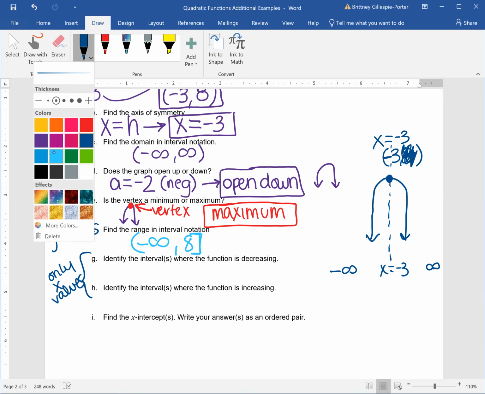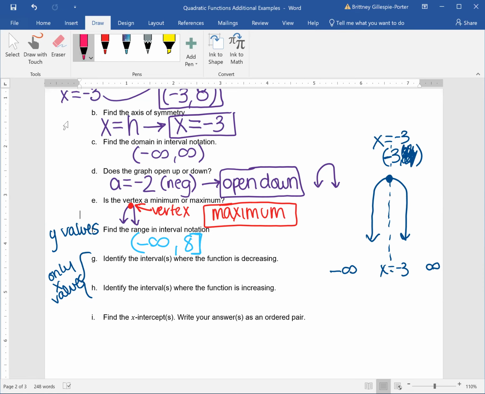Remember, we read from left to right. So if we start with our graph on the left and follow it like we're driving a car, we're going up and up and up, which means that we are increasing. Then we have our turning point and it plummets down.